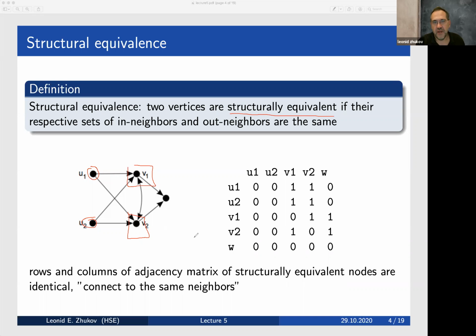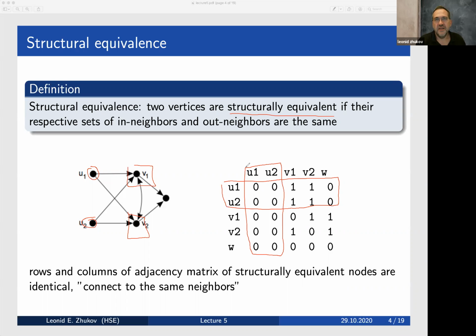If we look at the matrix format, it really means that these are outgoing links, and those two vectors are identical, and these are incoming links, and those two vectors are identical, where there are no incoming links. And so that's pretty much what it means to have structurally equivalent nodes.